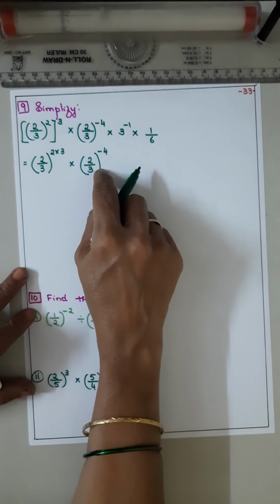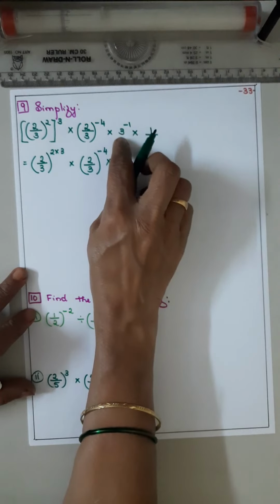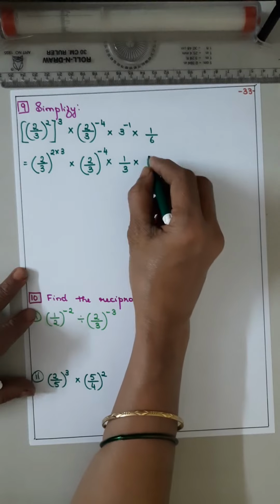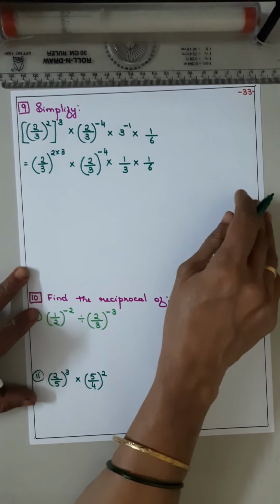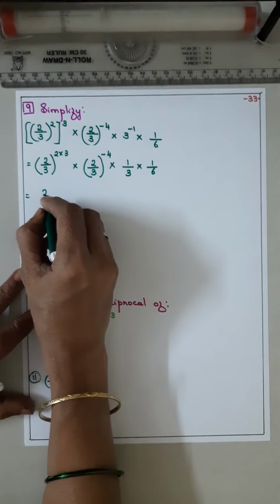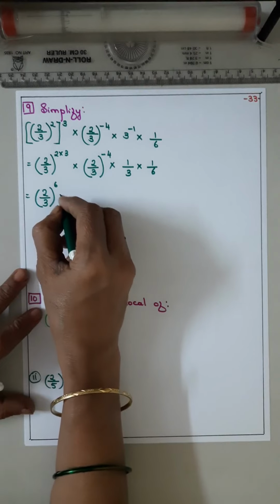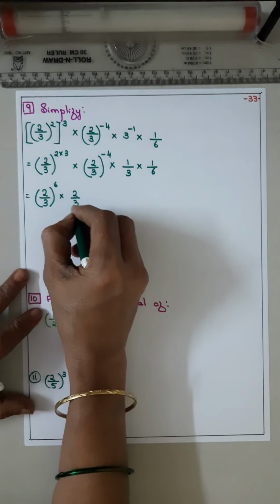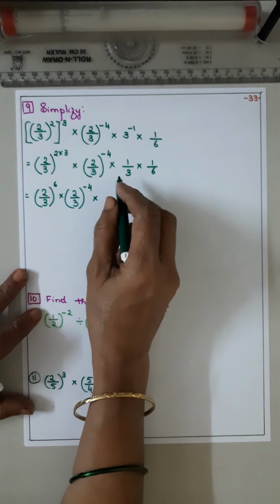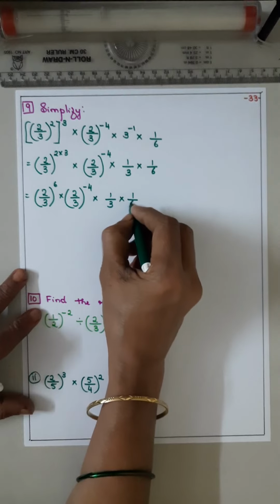Because bases are same, keep it like that. And now 3 to the power minus 1 becomes 1 by 3 and this will be 1 by 6. Now it is 2 by 3 the whole raised to 2 3s are 6, into 2 by 3 the whole raised to minus 4, into 1 by 3 and 1 by 6.